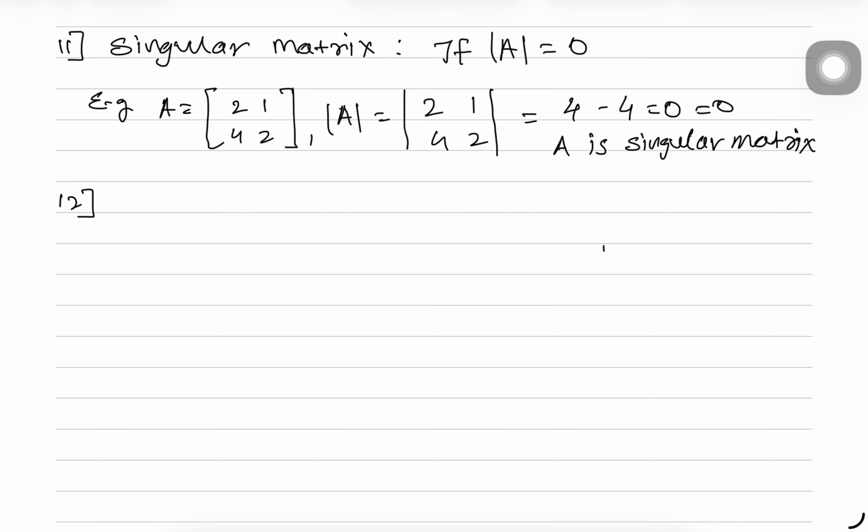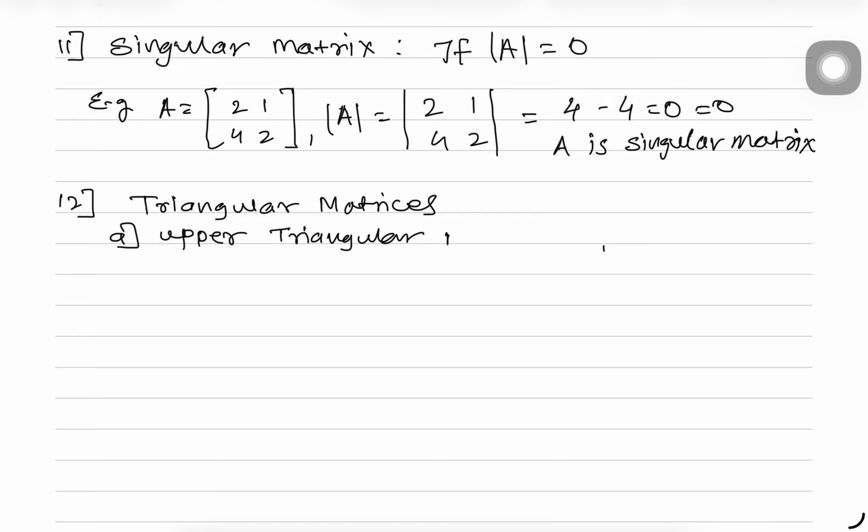Next we will go for the triangular matrices. It consists of two types: the upper triangular matrix, and the second one is the lower triangular matrix.